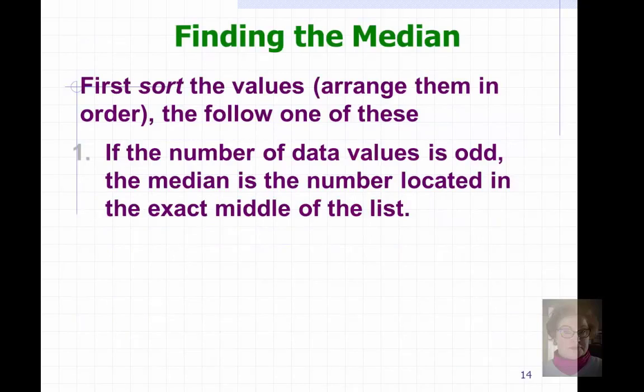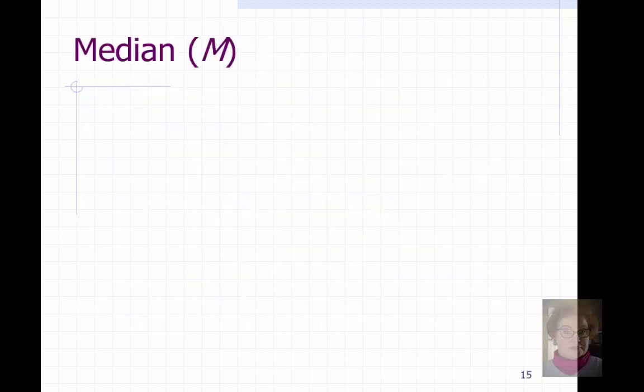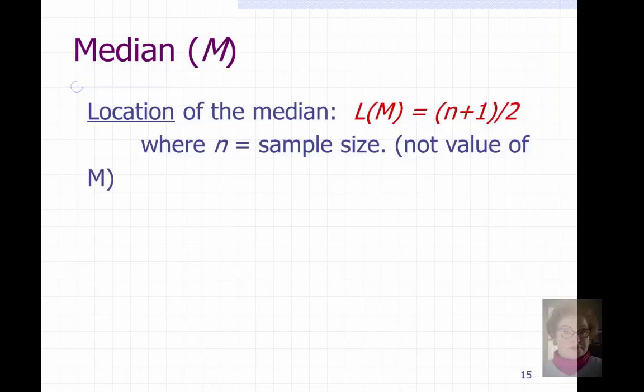So the first thing we do is we sort the values. Then again, if the number of values is odd, the median will be in the middle. If it's even, the median will be the mean of the two middle numbers. So you find the two middle numbers, add them up, divide by 2. Here is a formula, L of M. L meaning location.